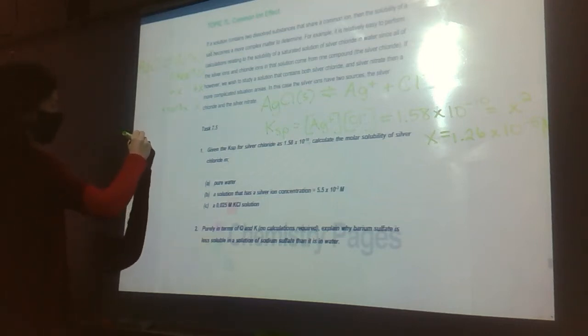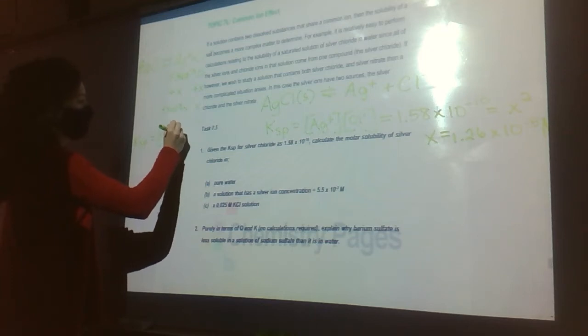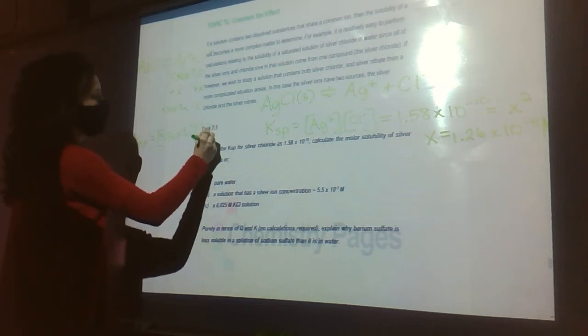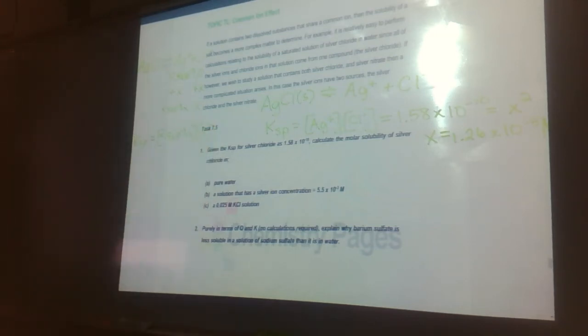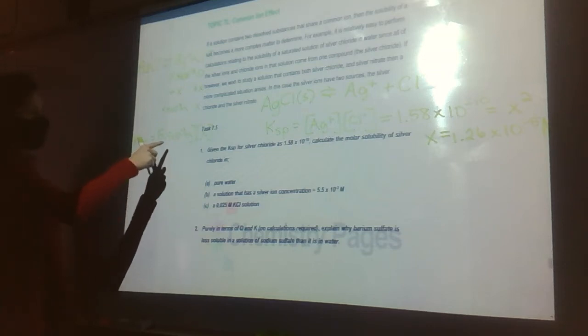Ksp equals 5.5 times 10 to the negative 3rd plus x, times x. I was given Ksp. And then I can factor this.